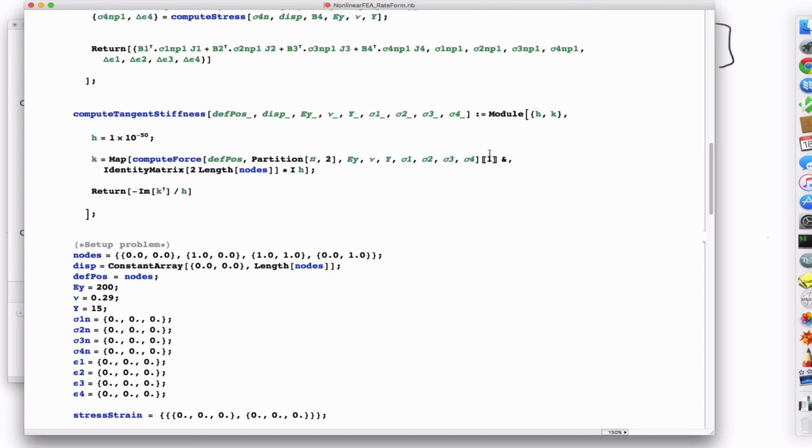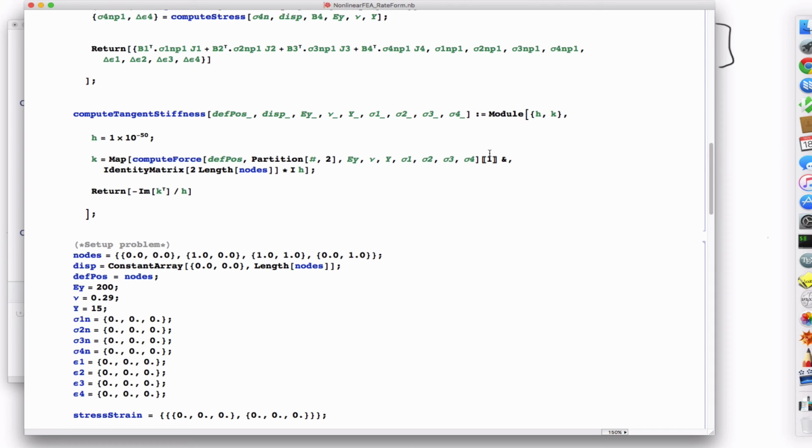Like here, I had to say 1, 2, 3 plus hash mark, because I was linearizing about the point 1, 2, 3. Here, I'm linearizing about the zero displacement vector, because I've updated my deformed position every time, which is my reference position. Every time I update it, it's the same thing as saying there's no displacement, right?